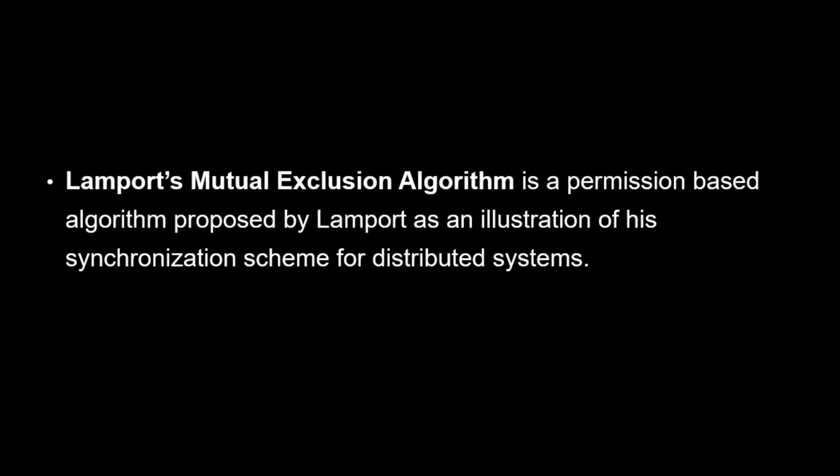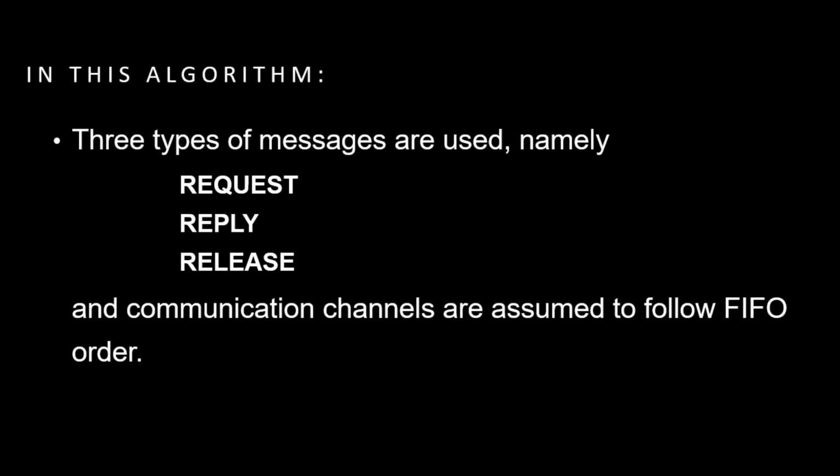Lamport's mutual exclusion algorithm is a permission-based algorithm proposed by Lamport as an illustration of his synchronization scheme for distributed systems. In this algorithm, three types of messages are used, namely request, reply, and release, and communication channels are assumed to follow FIFO order.